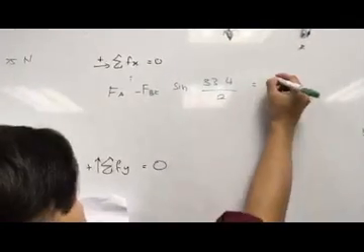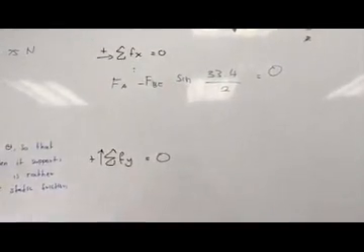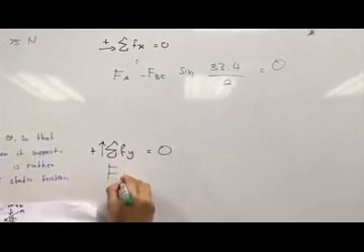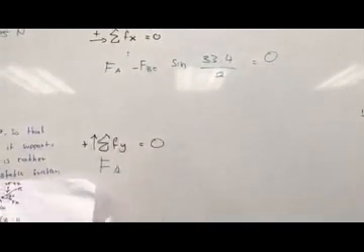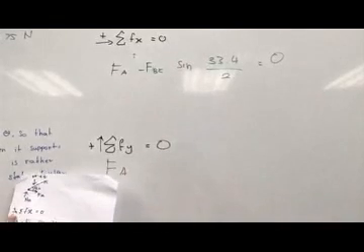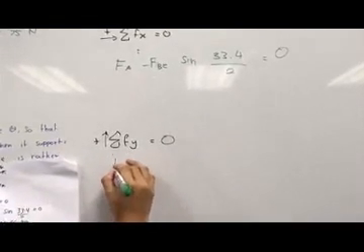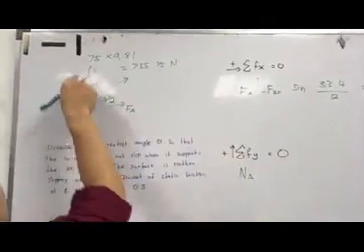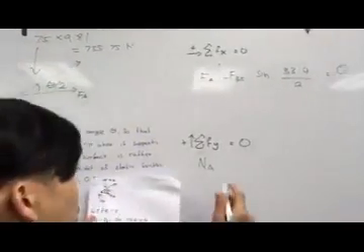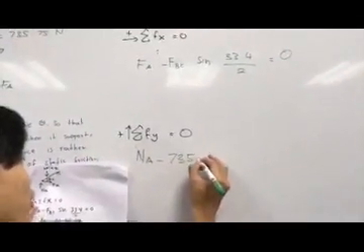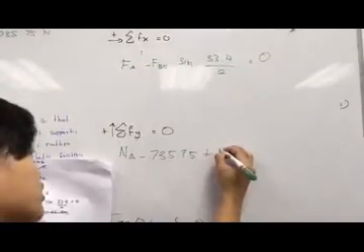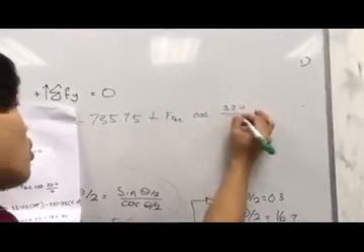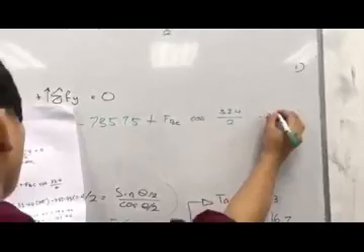Next, summation of Fy equal to 0. Since Fx is sine, Fy must be cos. So NA minus 735.75 plus FBC cos 33.4 over 2 equals 0. This will be the second equation.